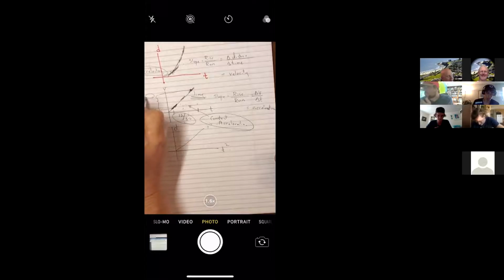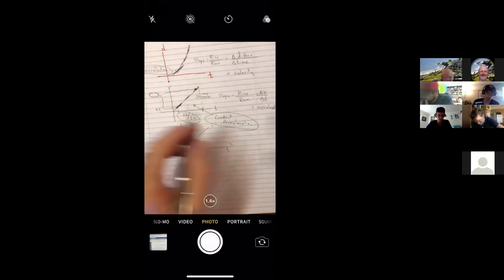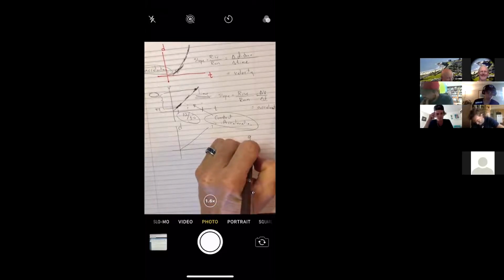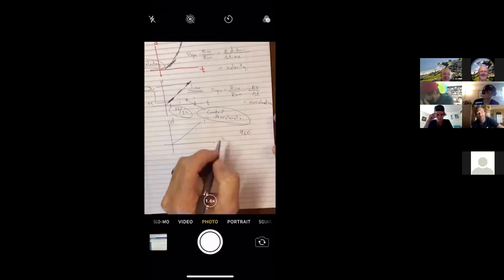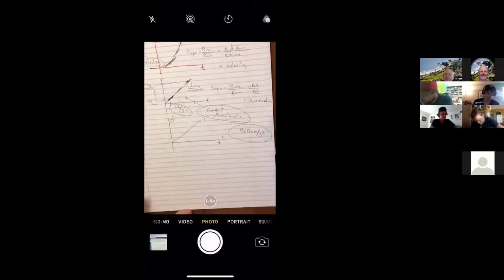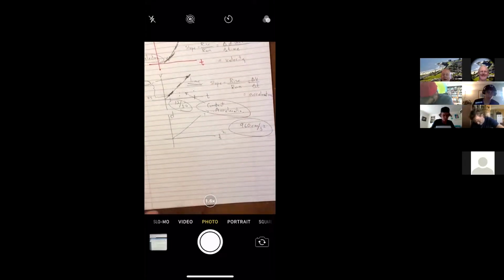I can't remember what we got in the video for that top one, but I'm pretty sure this came out to be 960 centimeters per second each second for the slope of that.